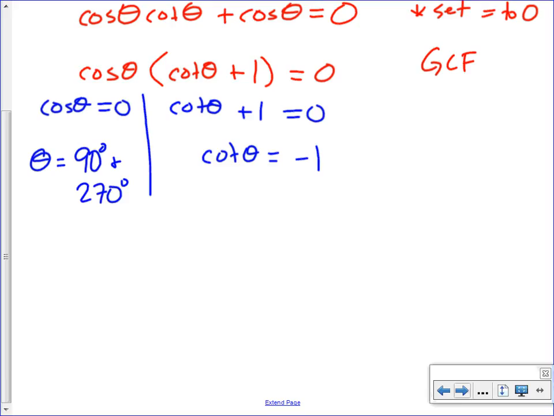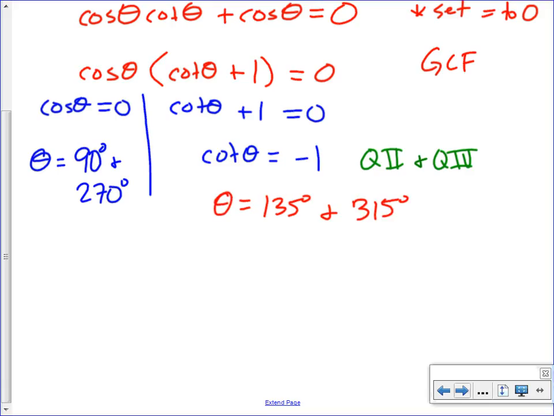Quadrant 2 and quadrant 4. So you look for your answers in quadrant 2 and quadrant 4. Look at your sheet there. 135 and 315. So theta is 135 and 315 for all the possible places this could be true.